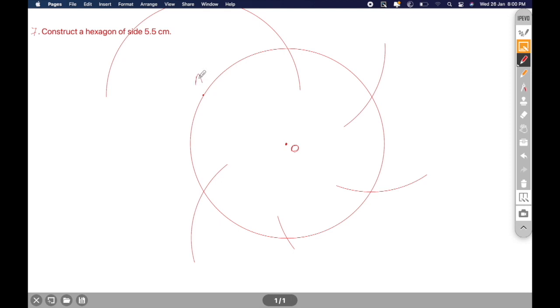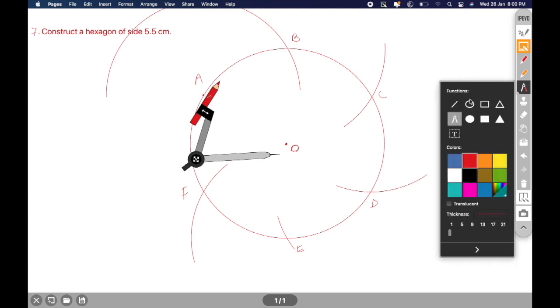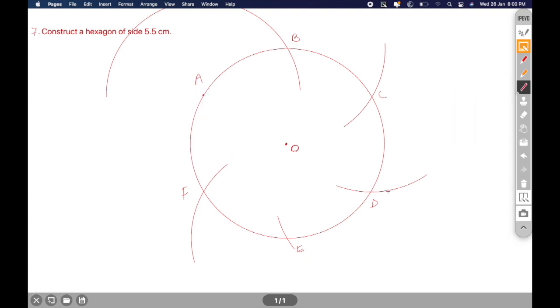Let us mark them as A, B, C, D, E and F. Using a ruler, let us join the vertices now.